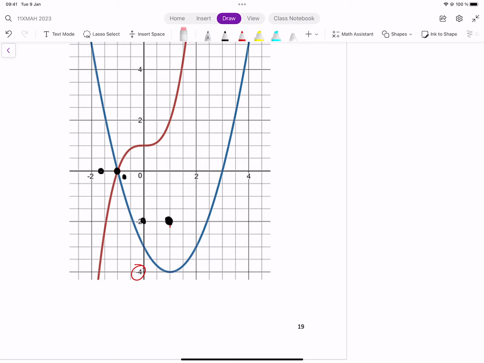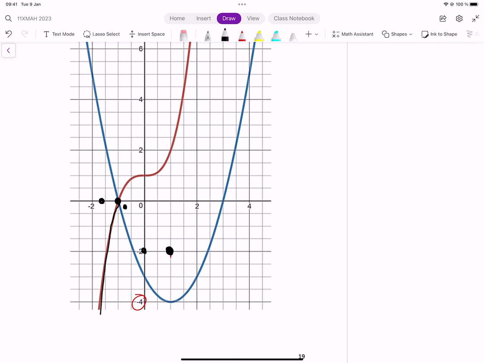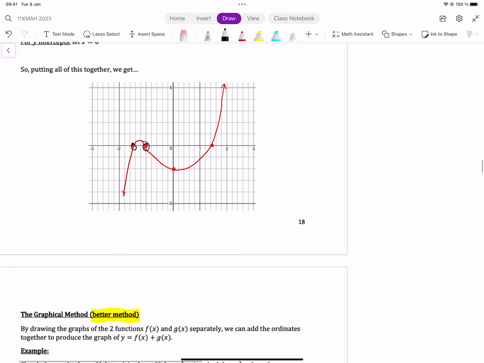So for example, why I'm saying that is these negative values down here are always going to be at x coordinates larger than the y values for the parabola. So that means if we add them together, for example, I've got -4 down here, but on this part of the graph, I'm only up here at 2.5 or whatever it is, which means my graph is going to go down like that, which is what we expected from that graph.